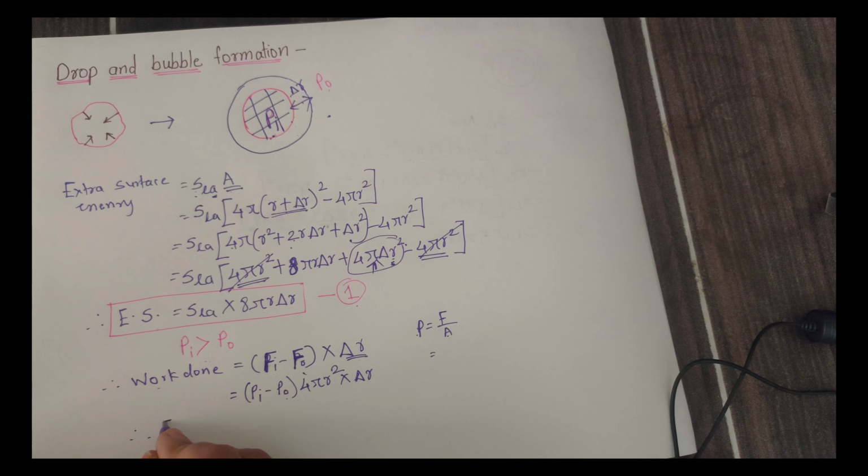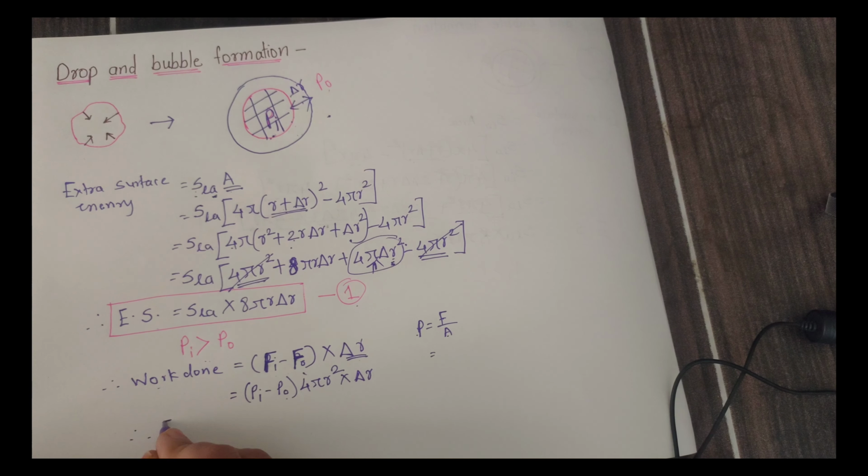As we have to find the value of the change in the pressure, we keep Pi minus P0 on this side and bring the rest of the terms to the other side: Pi minus P0 is equal to S_LA 8 pi r del r upon 4 pi r square del r, right? So del r cancels, 4 ones are 4, 4 twos are 8, pi cancels, and one r gets cancelled. So what is left?